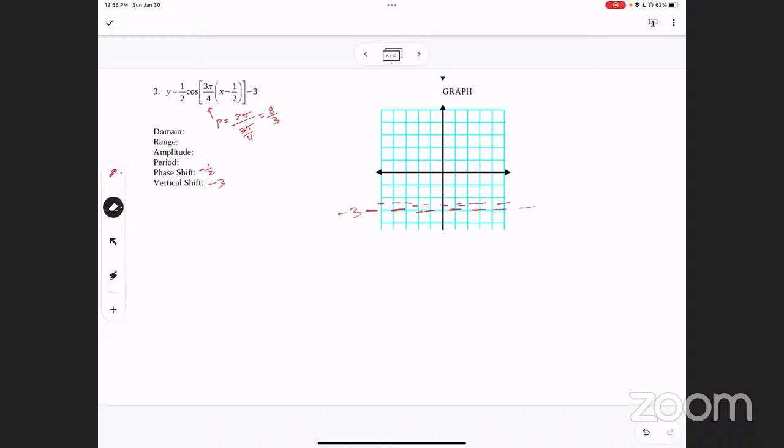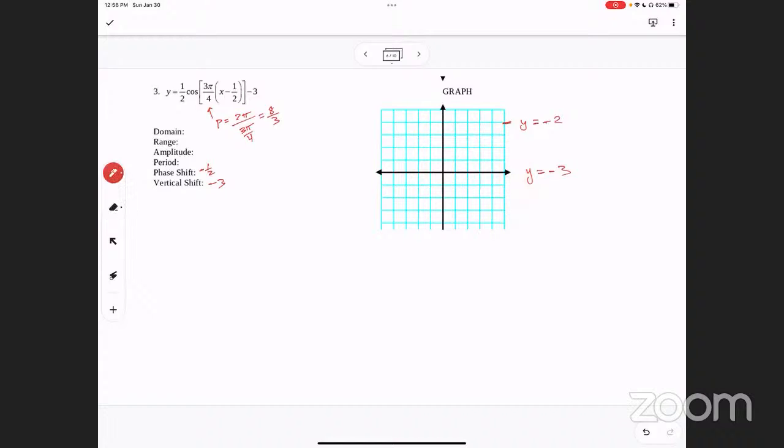So we're going to fool them. We're going to call what they drew in as your y-axis, instead of y equals 0, y equals -3. And this line right here, we're going to call y equals -2.